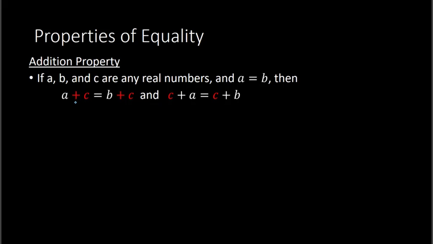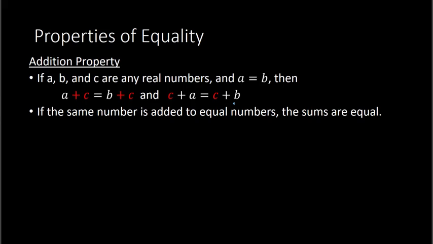So I have a plus c would equal b plus c. And also I can change the order of addition. So instead of a plus c, I could have c plus a, and instead of b plus c, I could have c plus b. So bottom line, you can add the same thing to both sides of an equation. So if the same number is added to equal numbers, the sums are going to be equal.